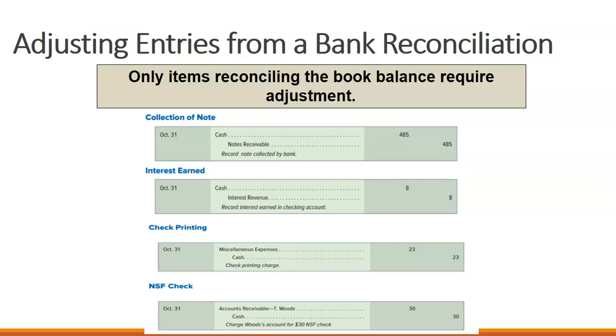And then we have that non-sufficient funds check. So we see here that that non-sufficient funds check was received as payment for an accounts receivable. Well, it didn't clear, so that payment never was processed. So we need to put that accounts receivable for that customer back on our books and reduce the amount of cash that we had recorded as receipt.